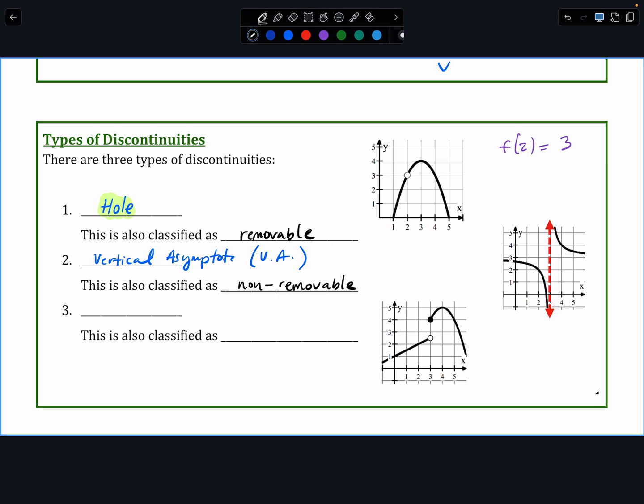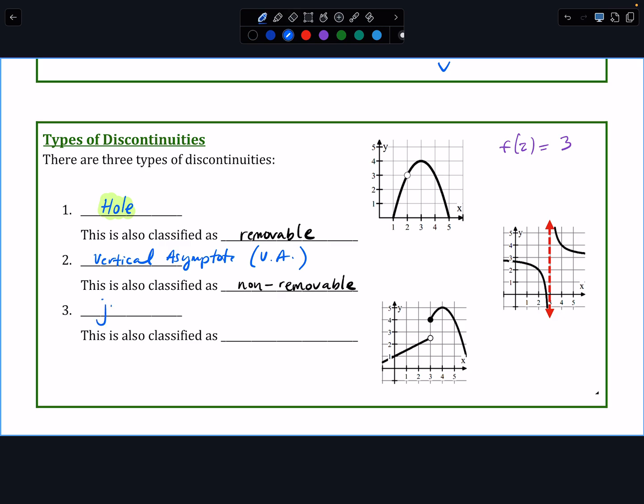Okay, this last one. This looks like a linear function on this side. This kind of looks like a parabola, right? Do you guys see there's a gap right there? This is called a jump. Okay? When there's a gap for piecewise functions, you have to jump down or up to the next value.